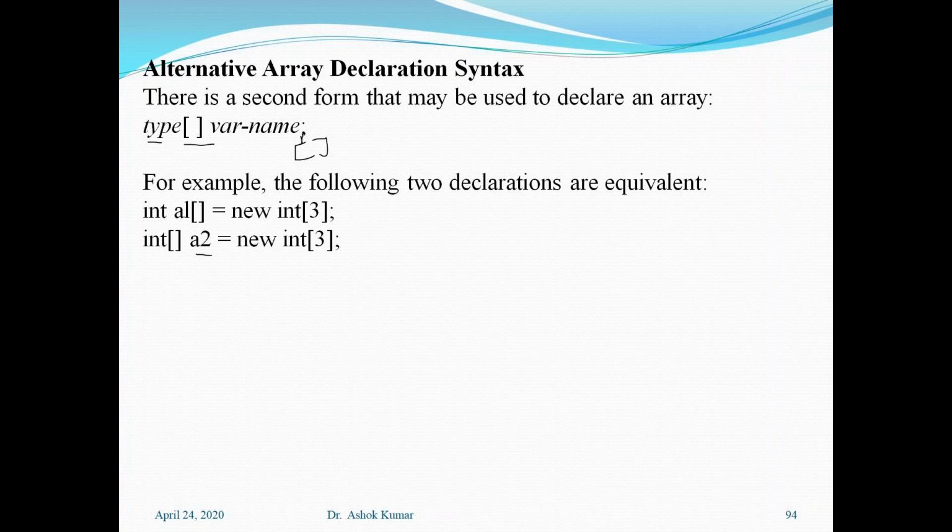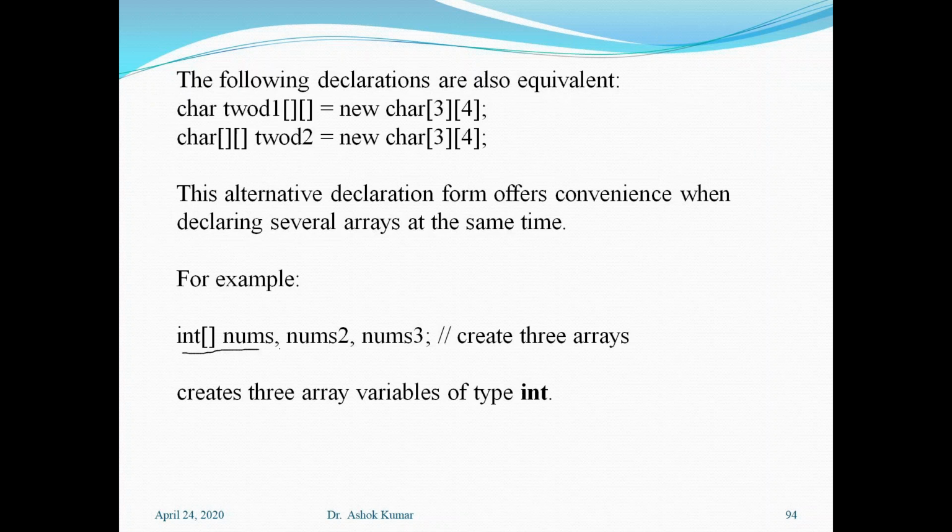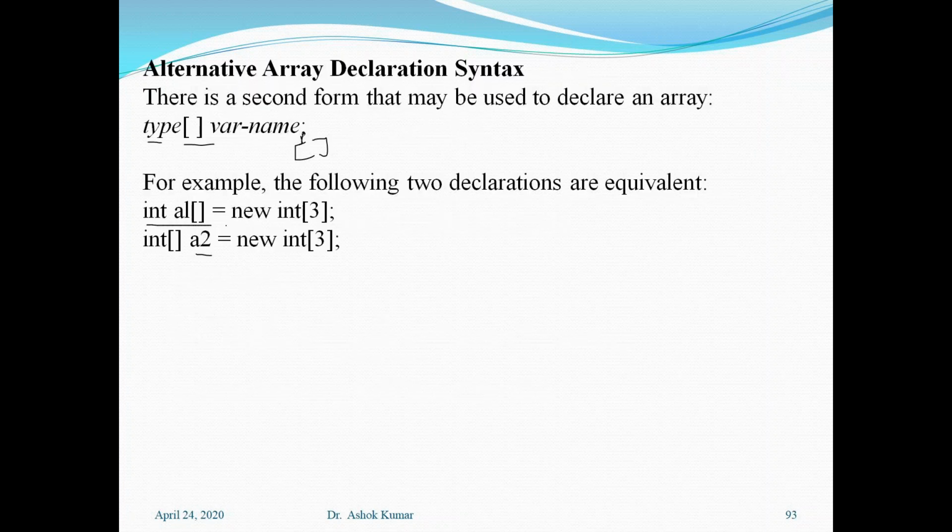The difference comes when you want to declare multiple arrays. For example, in this statement we have written the data type, then a pair of square brackets. That means all these names, num1, num2 and num3, are arrays of type integer. So with one pair of square brackets, you can create multiple arrays. This is the advantage. But if you use the earlier notation, you have to write a pair of square brackets with every array name.